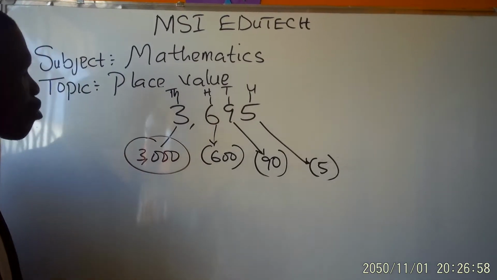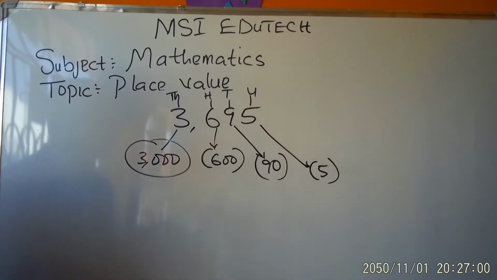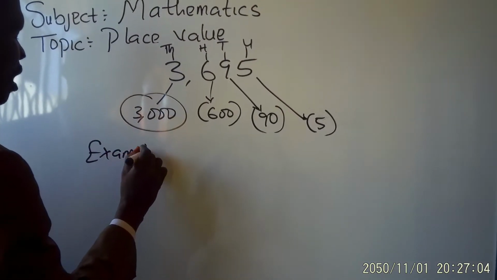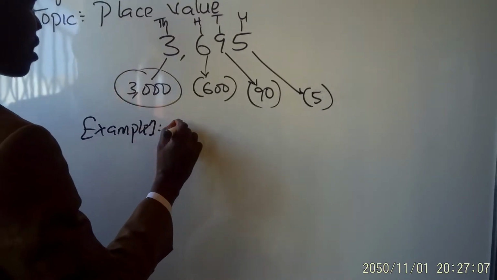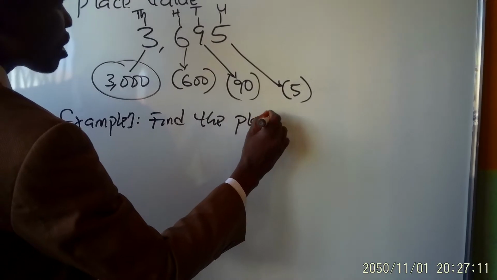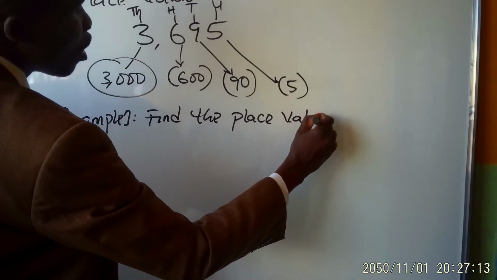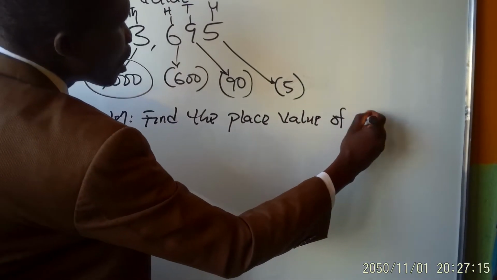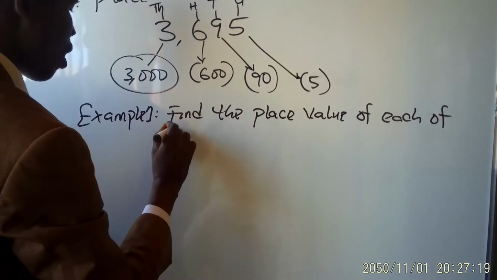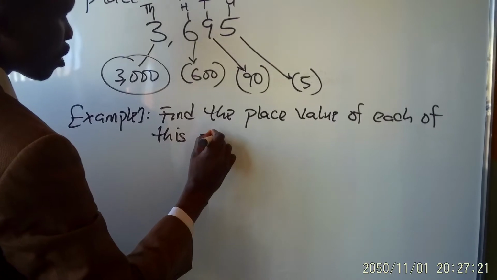So I'm going to take you through this example. Let's say, for instance, a question is given to us like this. Example 1. Find the place value of each of these numbers.